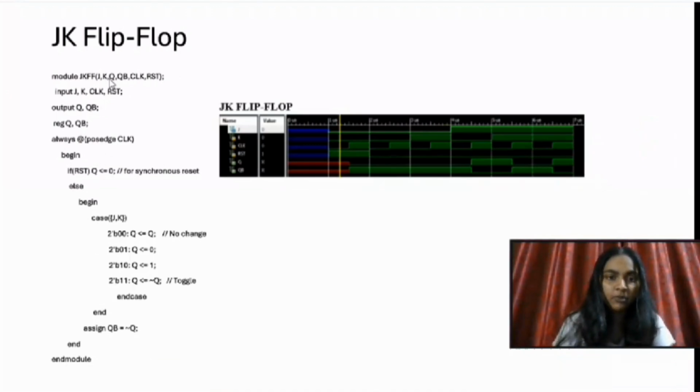Module JK flip-flop, inputs and outputs. Inputs J, K, clock, reset. Outputs Q and QB. Register Q, QB. Always at posedge CLK begin. If reset, Q less than or equal to 0, else begin.